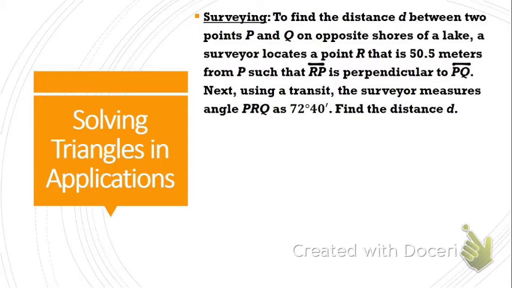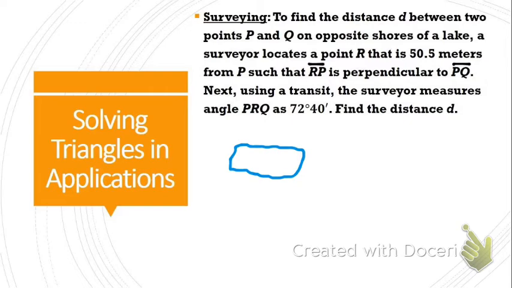What should I start my picture off with? A lake. All right, so here's my wonderful lake. What else do I need in my picture? P and Q. Where should I put P and Q? Opposite sides, okay. Does it matter whether I go side to side or up and down?